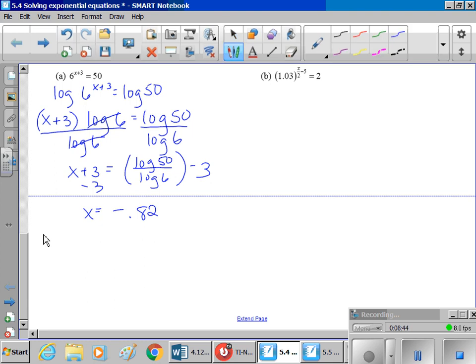So in B, I'm going to kind of skip the step again because I feel comfortable, like I think you're feeling comfortable enough. So I'm going to say x over 2 minus 5, again, I'm going to put in parentheses, times log 1.03 is equal to log 2. I'm going to divide out the log 1.03.